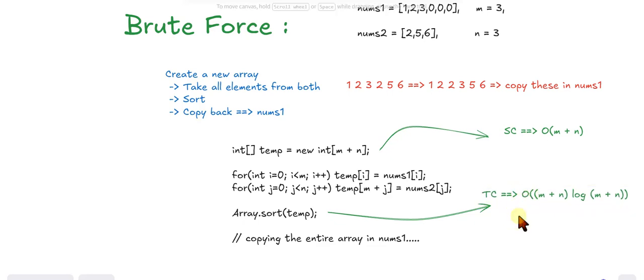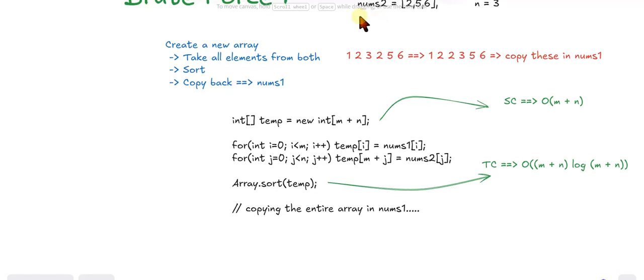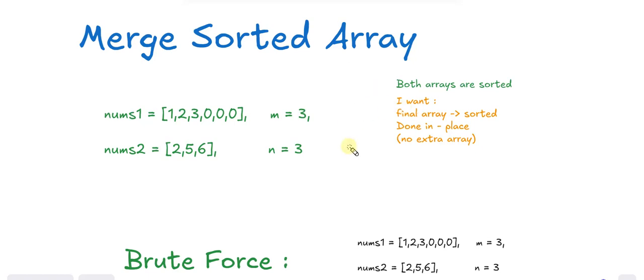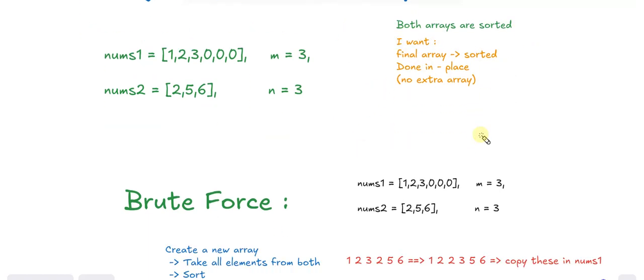Why? See, because if you see carefully, what is given to us is that both arrays are already sorted.